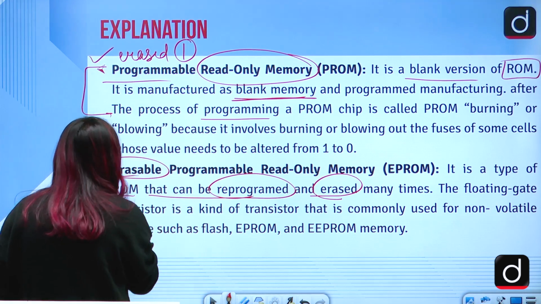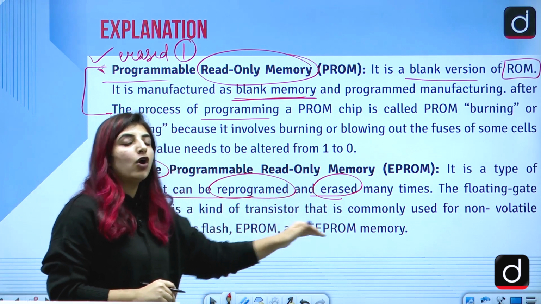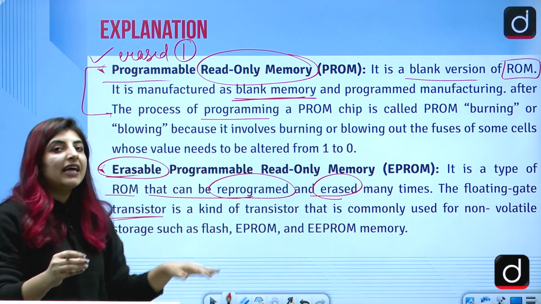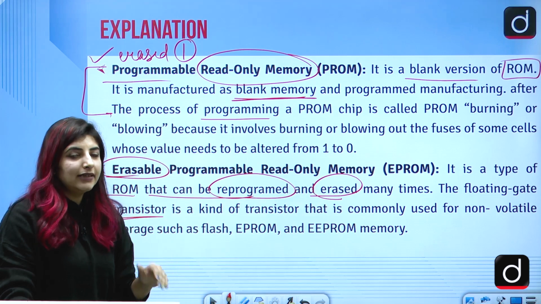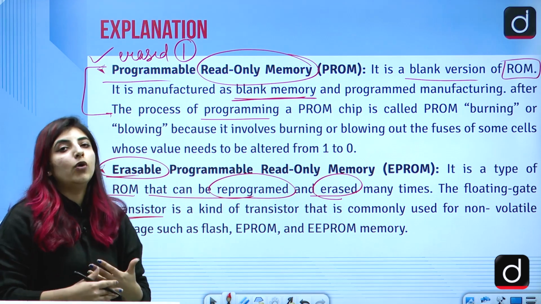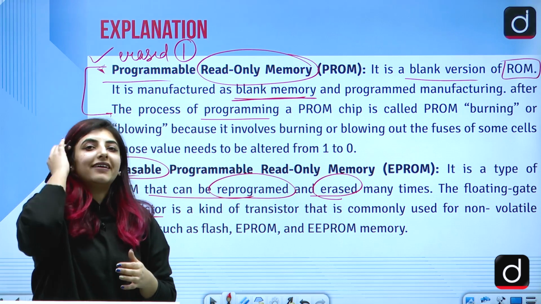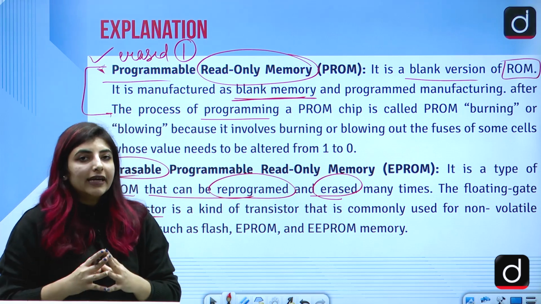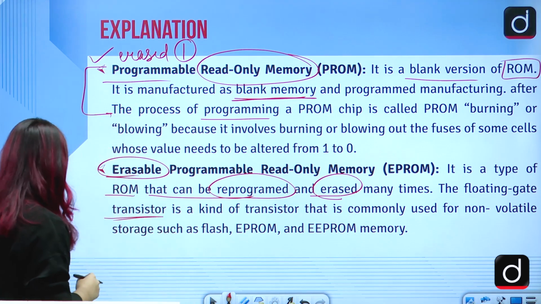The floating gate transistor is a kind of transistor that is commonly used for this kind of non-volatile memory, which means that ROM is not temporary, it is permanent, correct? RAM is volatile. So I hope if you have answered that question in the comment section, you would now know that RAM is a type of memory which is volatile, which can lose its state when the power is gone.